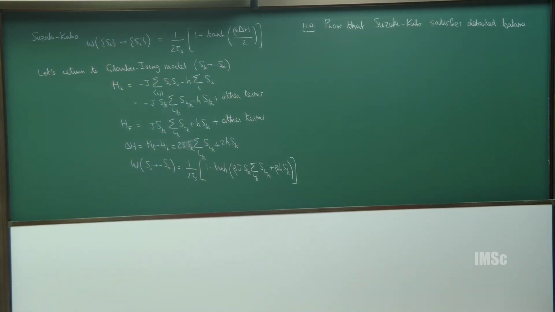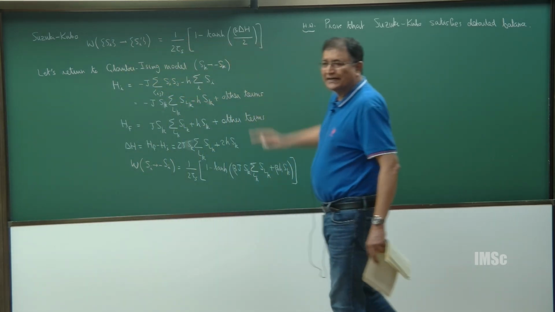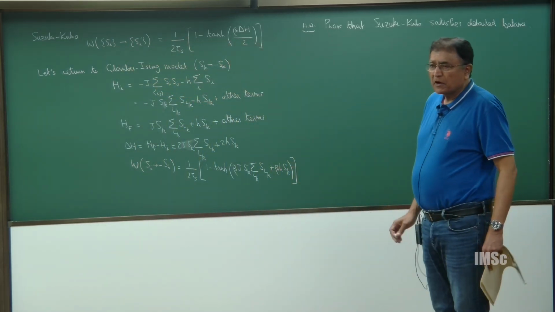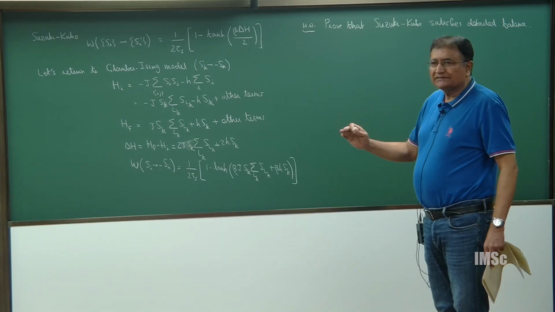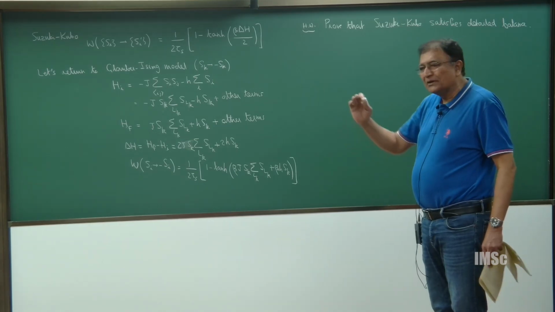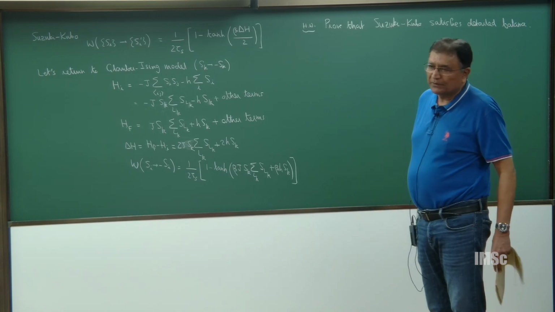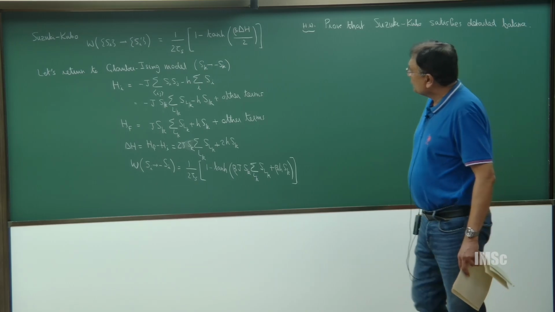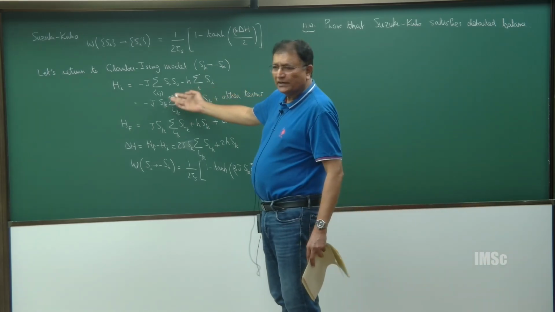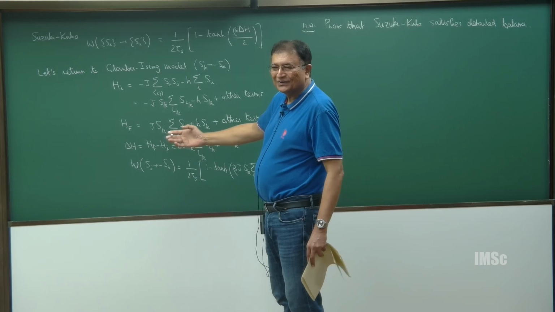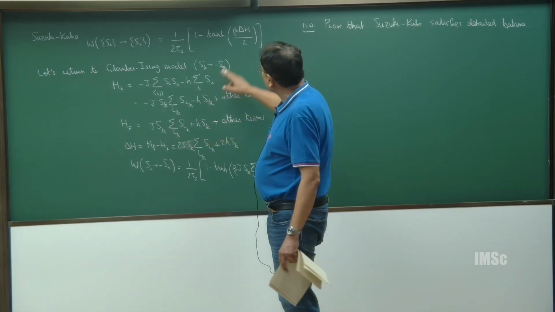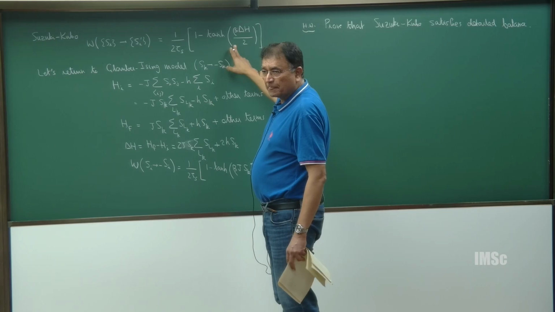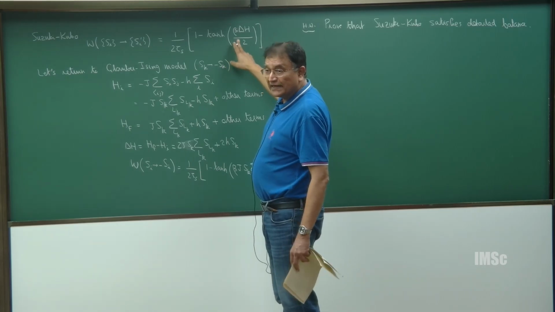Is that a unique form of that rate? Is there any other form? No, that's what I said, that you have an infinite number of forms which you can take as a transition probability or the rate. As long as they satisfy the detailed balance condition, the system will be driven to equilibrium. No, this is unique once you have the Ising model; I've done the calculation right in front of you. You mean the form of the rate? Is there any other form which doesn't involve delta H?